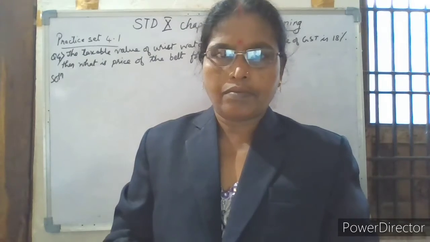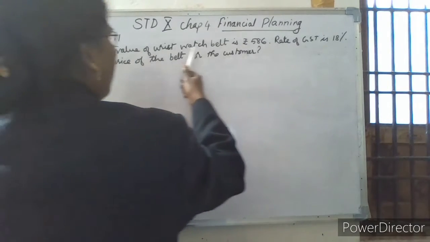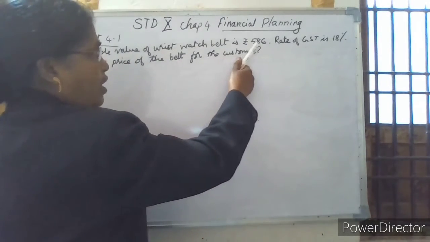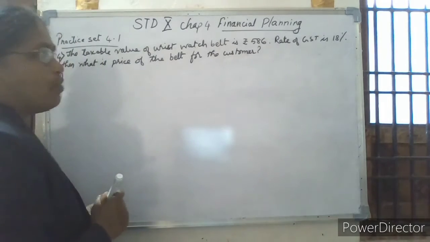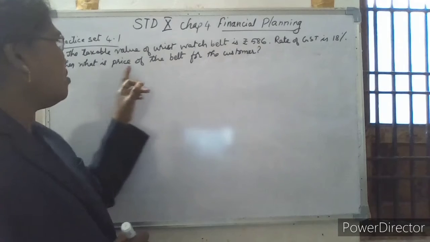Now we go to the fourth question. The taxable value of the wristwatch belt is 586 rupees, given. Rate of GST is 18%. Then what is the price of the belt for the customer?